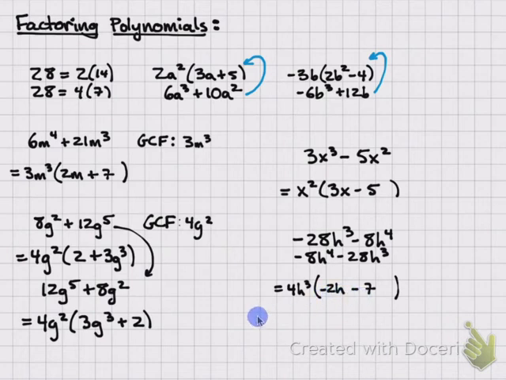So what this would actually look like when we're all done is negative 4h to the third times the quantity of 2h plus 7. So just something to keep in mind. And if it's ever the case that you factor something out and your leading coefficient is negative, all you need to do is change the sign of this common factor out in front from positive to negative, and boom, this coefficient will change to positive, just like we like it to be.